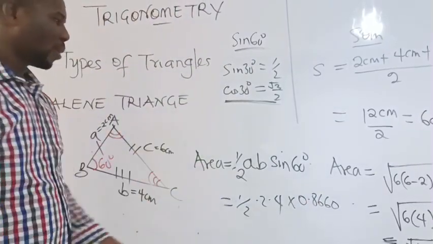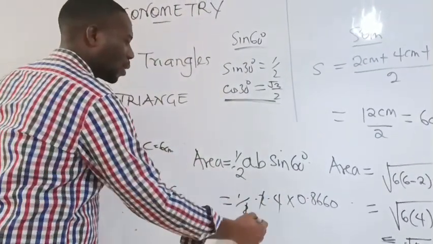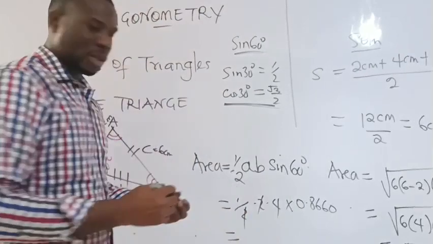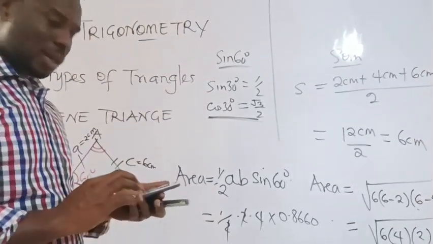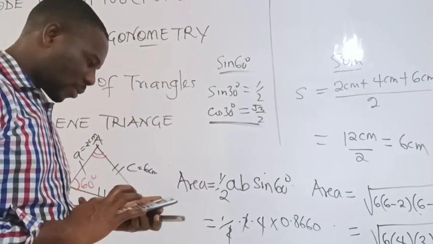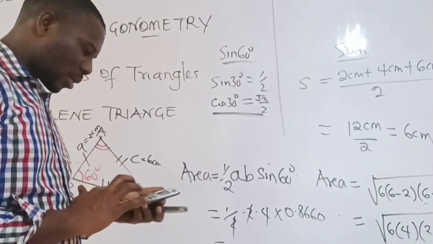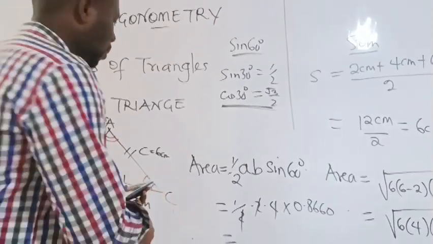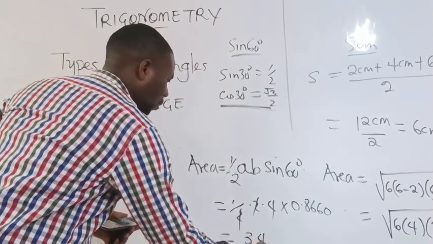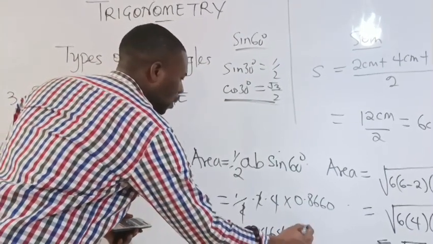That's root 3 over 2. And of course, I lose the 2 here, so I'm left with 4 times 0.8660. It turns out to be 3.464. So the area is 3.464 square centimeters.